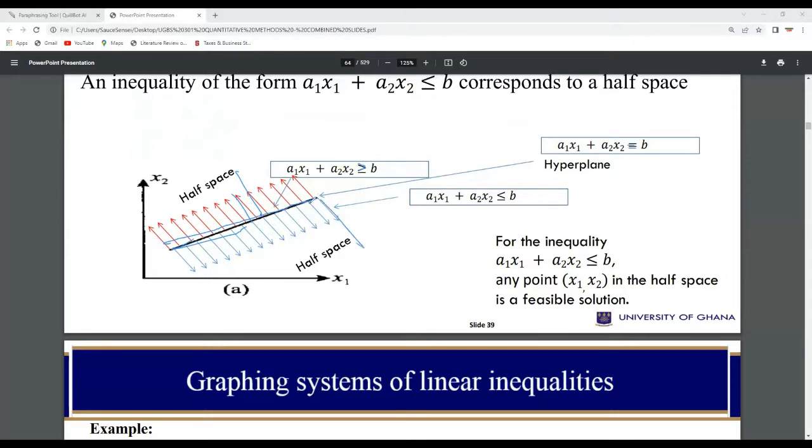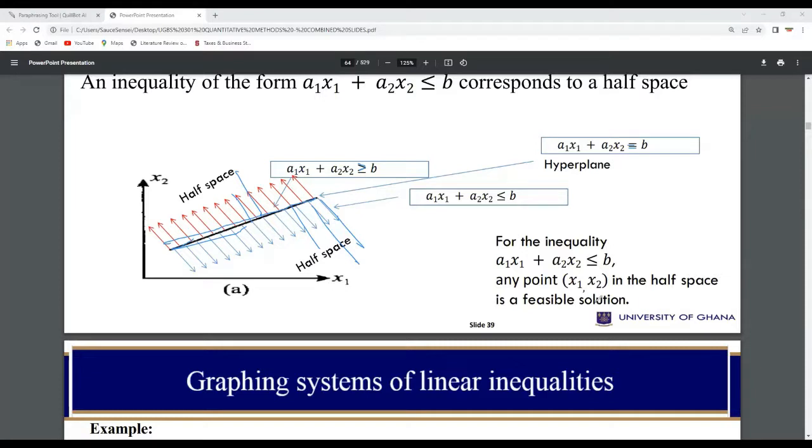Then the downwards represents the less than or equal to. So for the inequality a1x1 plus a2x2 less than or equal to b, any point x1, x2 in the half space is a feasible solution.